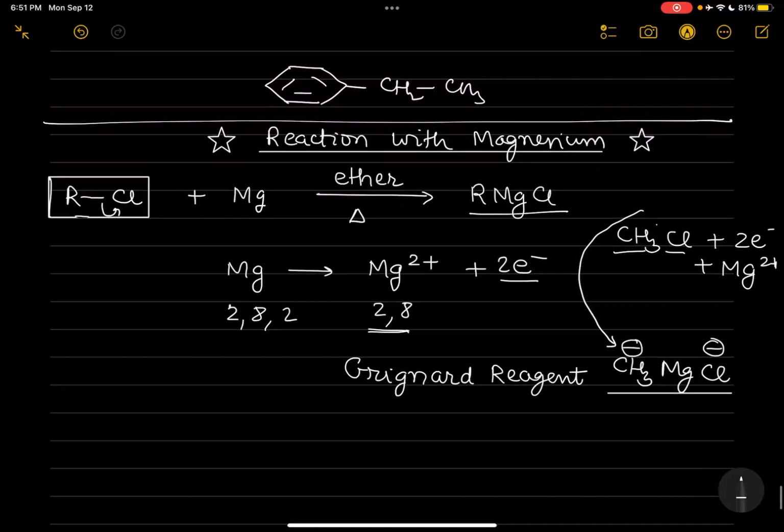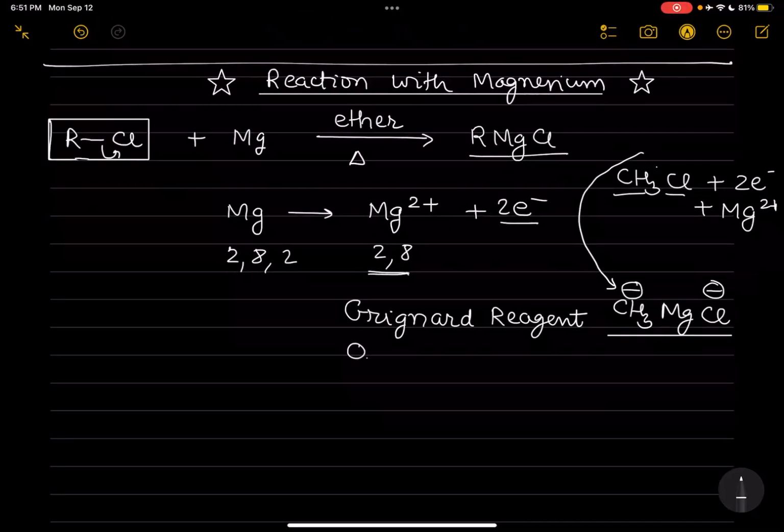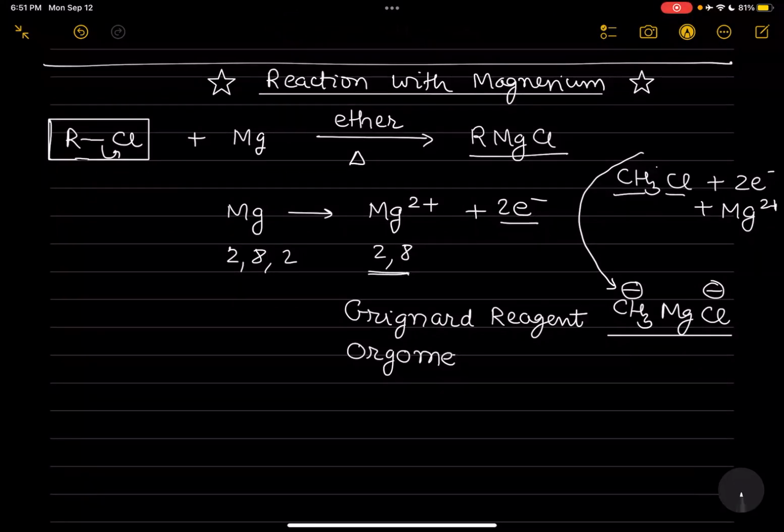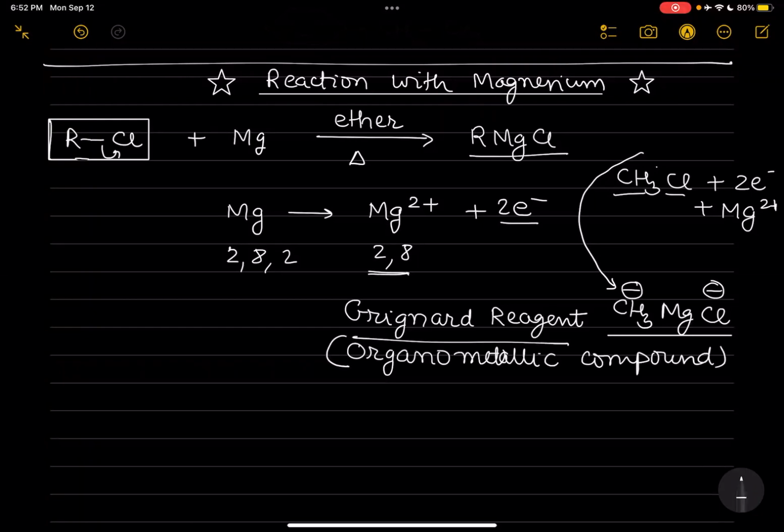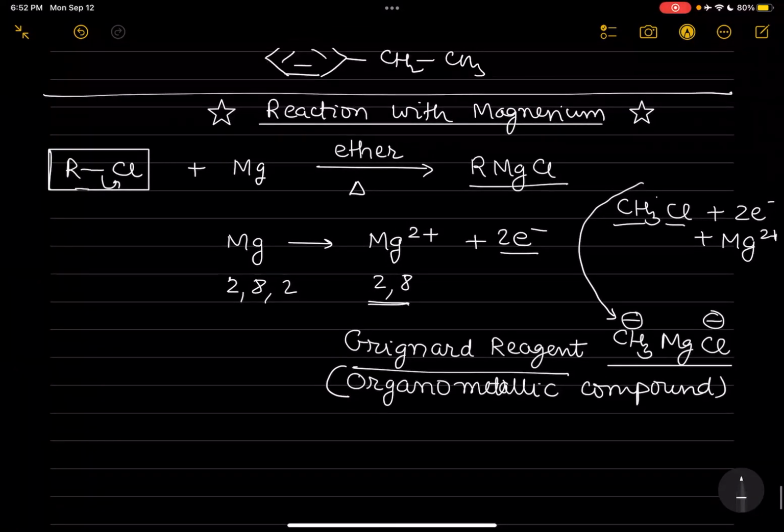What are organometallic compounds, Iman? They are compounds in which the carbon is directly linked to a metal. When you react alkyl chloride or bromide with sodium, the chloride or bromide gets removed and the two alkyl groups join together. But if you react it with magnesium, it will form a Grignard reagent.